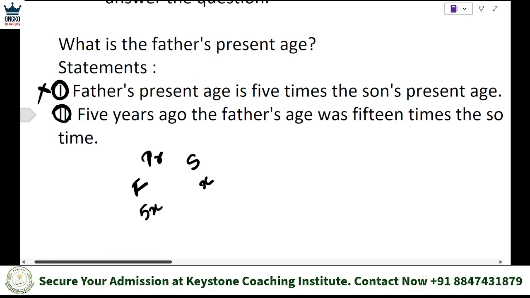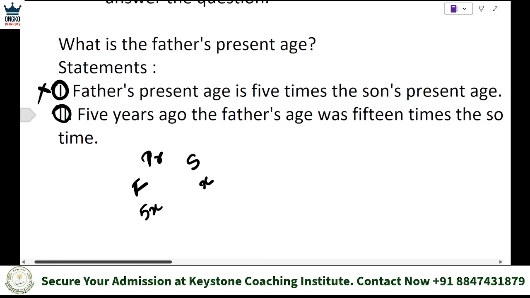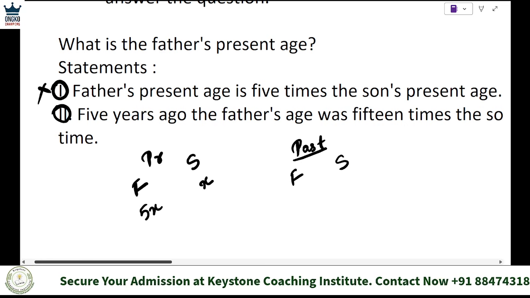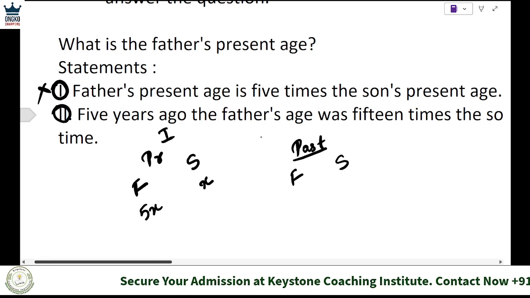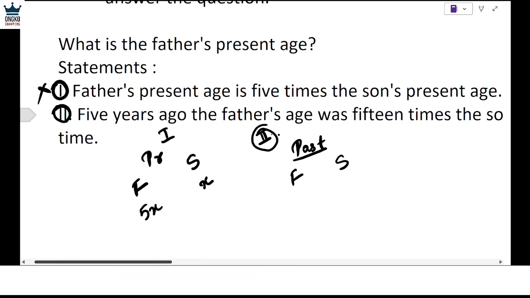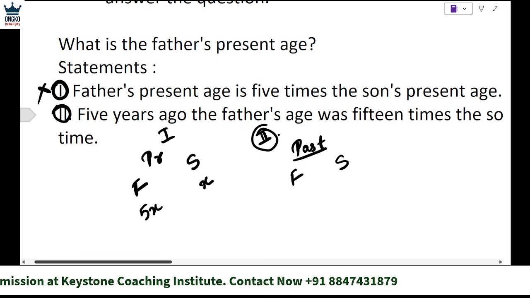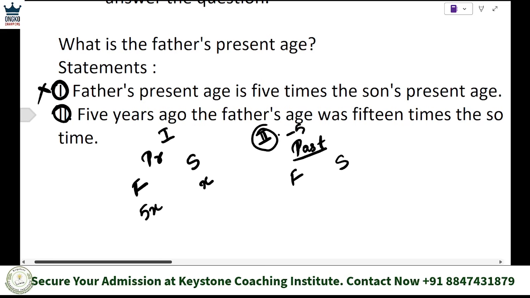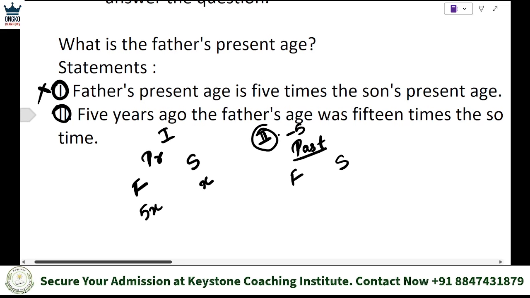Let's check statement 2. 5 years ago, that means we're talking about the past, not the present. The father and son at that time, 5 years ago, minus 5 years. If we are in 2025, then we're talking about 2020, 5 years ago.